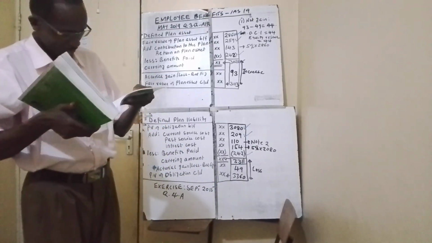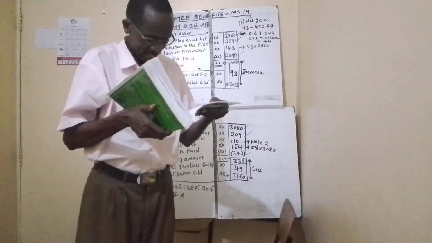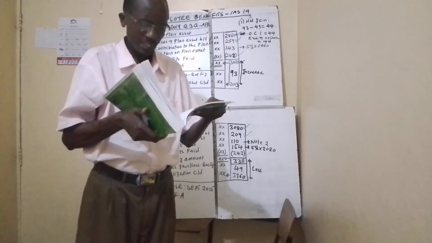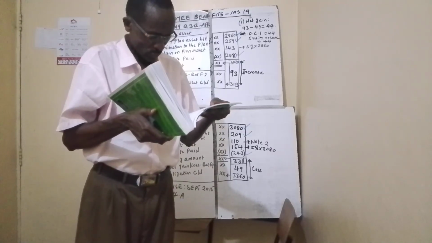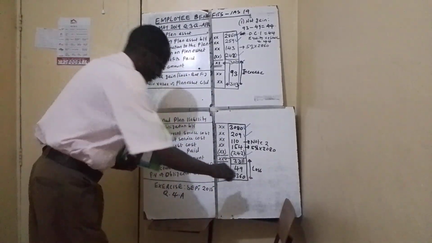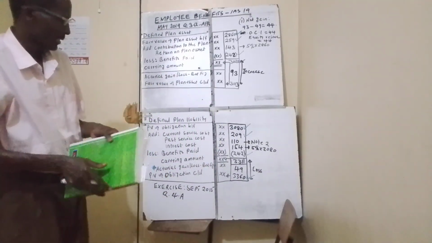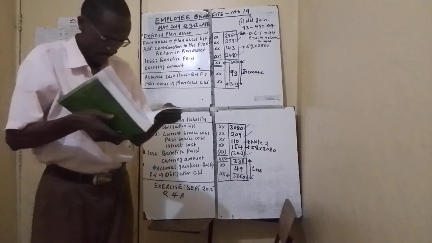The other is present value of benefit obligations as at 1st December 2018. That's the closing balance for the obligation. 3360. That figure there, 3360 is given there.